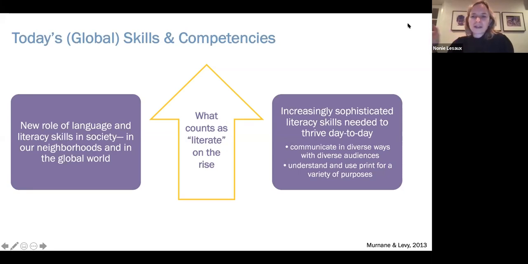That we've got to communicate in very diverse ways with very diverse audiences, just as a baseline expectation. That we have this new role of language and literacy skills in society, in our neighborhoods, in the global world.